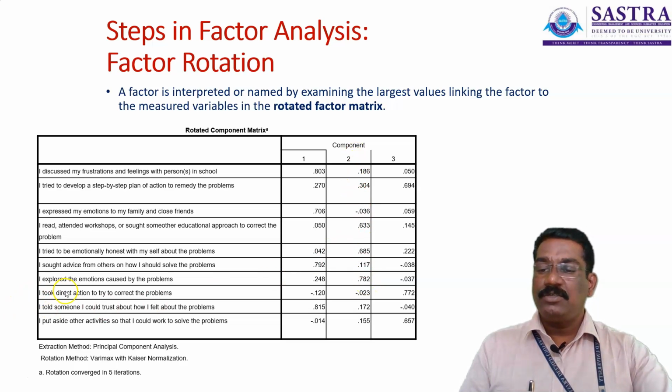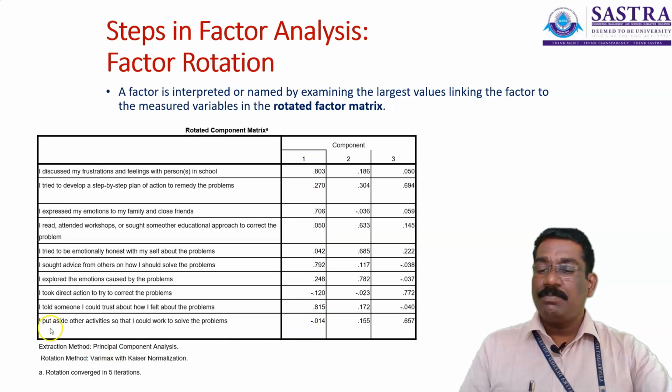And also "I took direct actions to try to correct the problem." You can see it got loaded at 0.772 and it got loaded in factor 3. And "I told someone I could trust about how I felt about the problem." I think it is certainly loaded in factor 1.